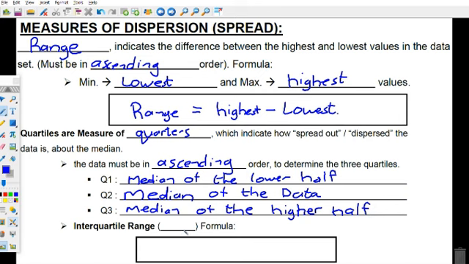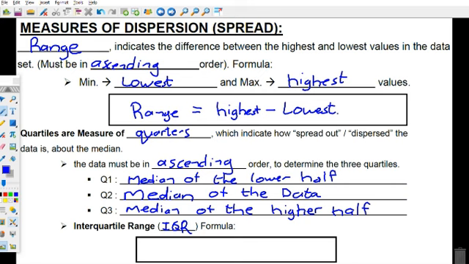Now there's another term. All we're doing now is just gathering terms. Have a look at this one. Interquartile range. Now what is range? We already said what range is. It's the highest minus lowest. But now we want the interquartile range. This is important. My interquartile range, or my IQR.